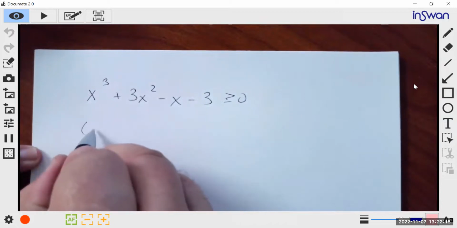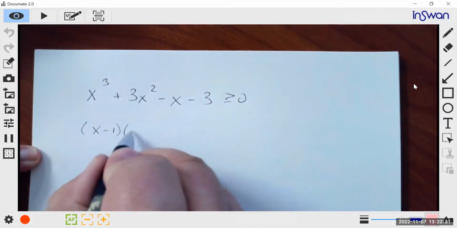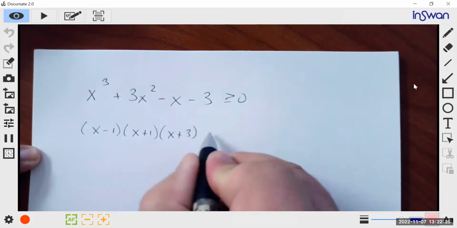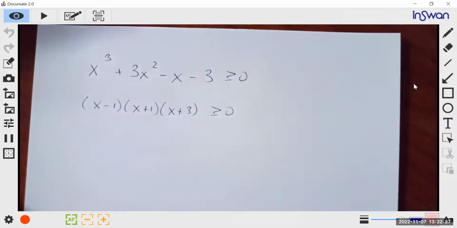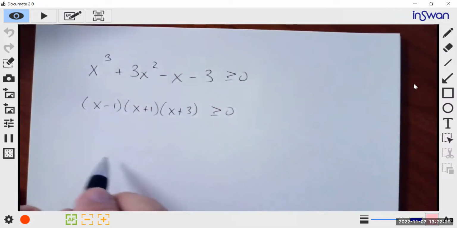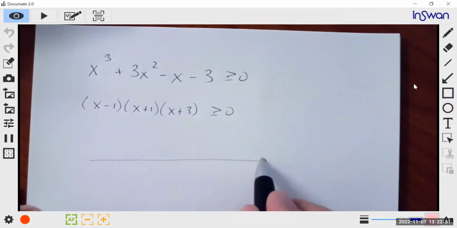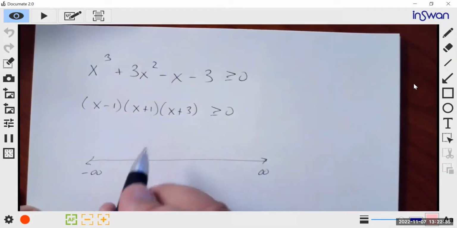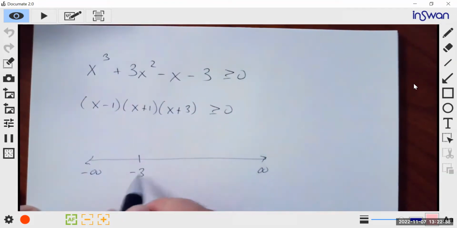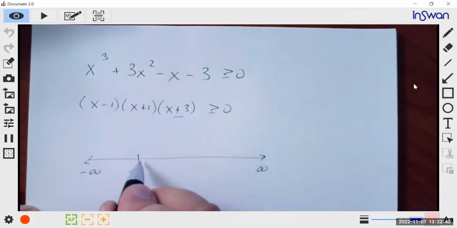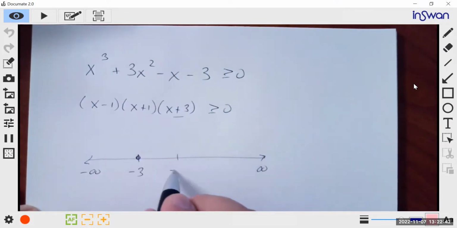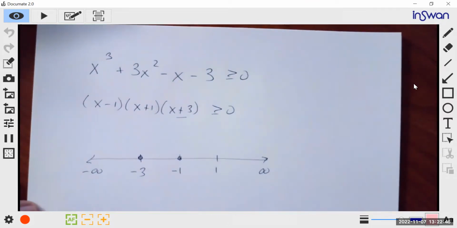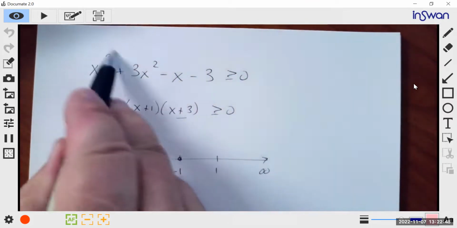So we know the x-intercepts are at x minus 1, x plus 1, x plus 3. So we know the x-intercepts are at -3, -1, and then +1. What do we notice about the shape of this curve?